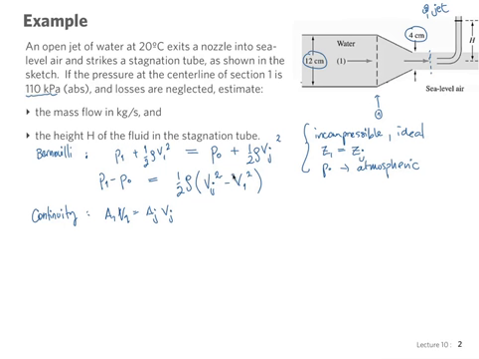Or in fact, I might even want to do this. From this one here, I'm going to write rho half V jet squared times 1 minus V1 over V jet squared. Is that good? And now I can take V1 over Vj from this one. V1 over Vj of jet is equal to the area of the jet divided by the area 1.